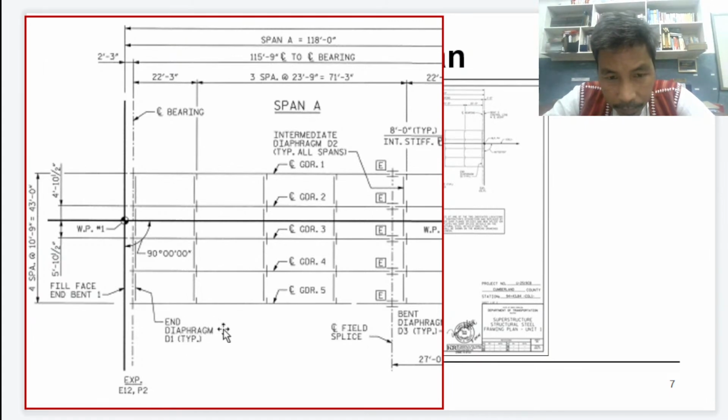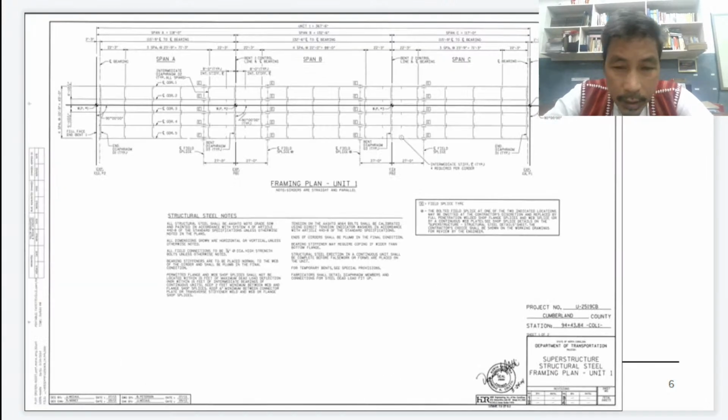And diaphragm D1. So we have D1 and D2. These are the diaphragms for the D1. Typical. So 1, 2, 3, 4. So 4 of them. Bent diaphragm D3. Let us take a look. Where is the bent diaphragm D3?